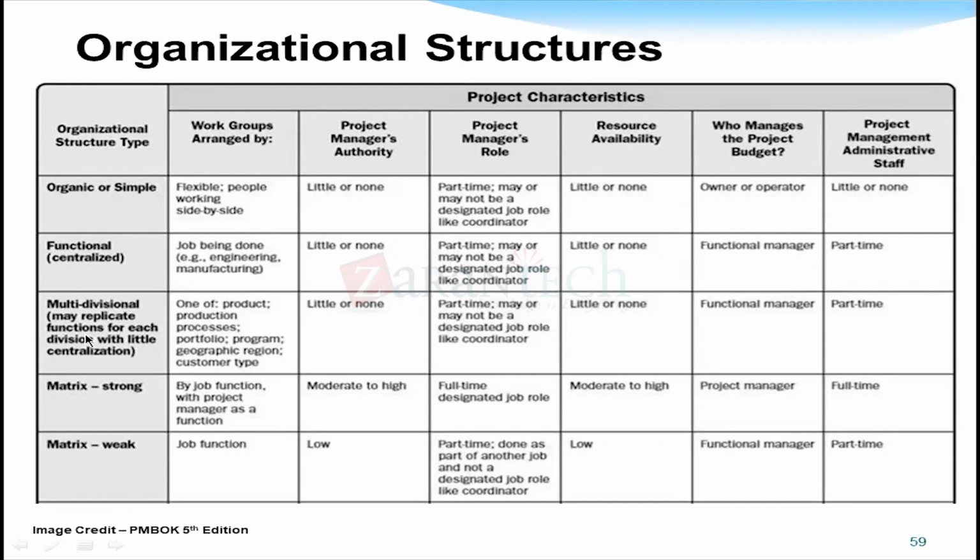Multi-divisional, it depends. The project manager's authority is little or none. Even resource availability is little or none. Therefore, most of the work and budget is managed by the functional manager. Project management activity is just like a part-time. Functional is like telecom, banking, healthcare, insurance. Those are called functional managers. They're good in the process or domain.